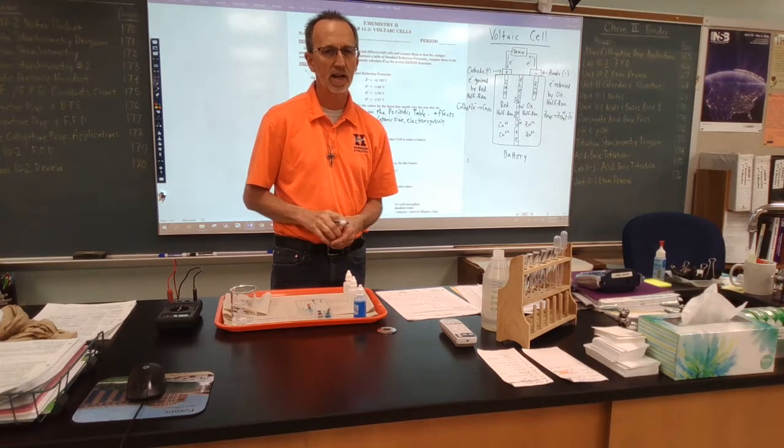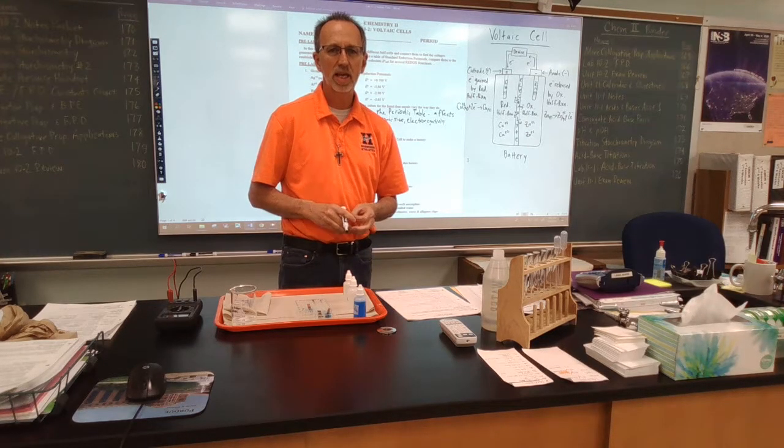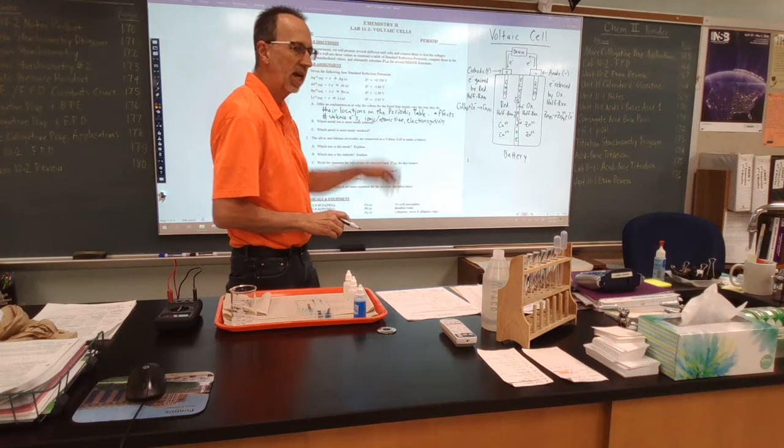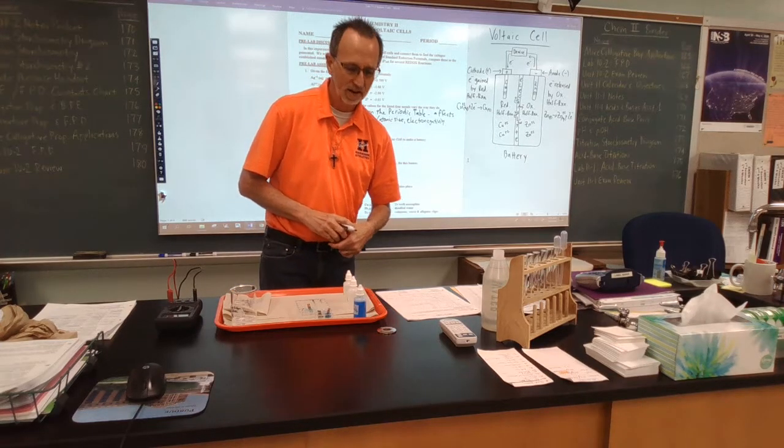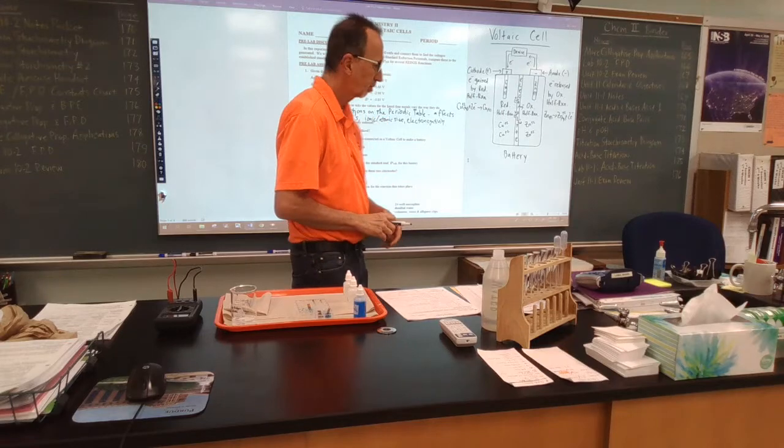So here again, their location on the periodic table is key when looking at the difference in the values of E for these various half reactions.